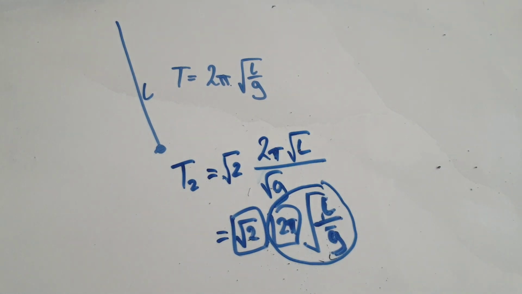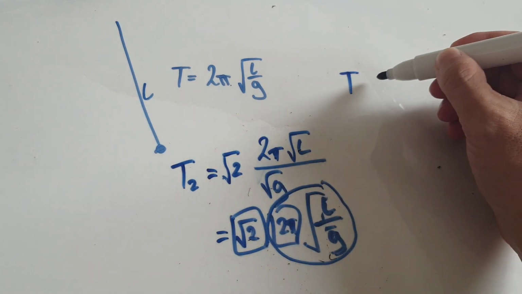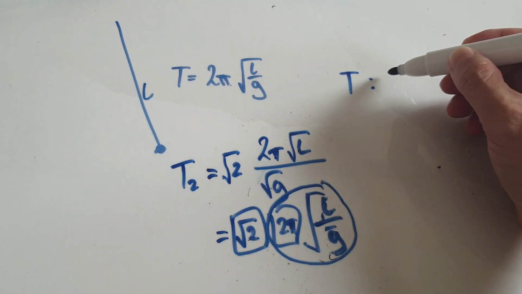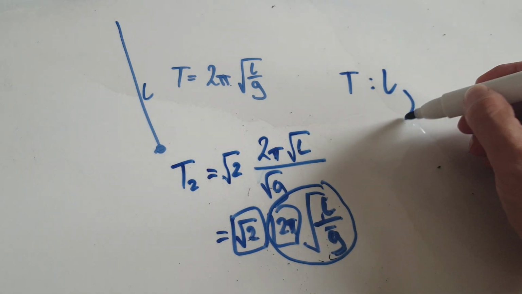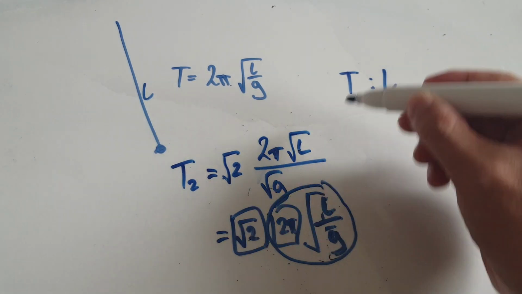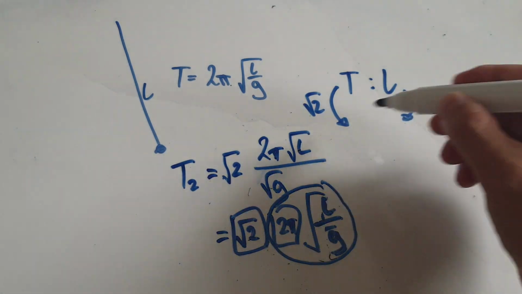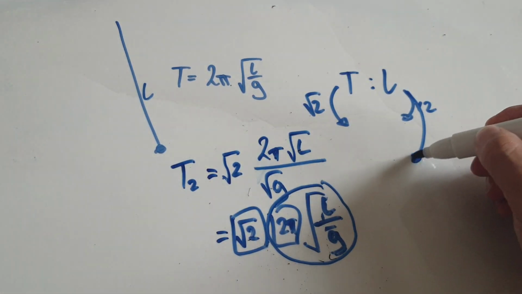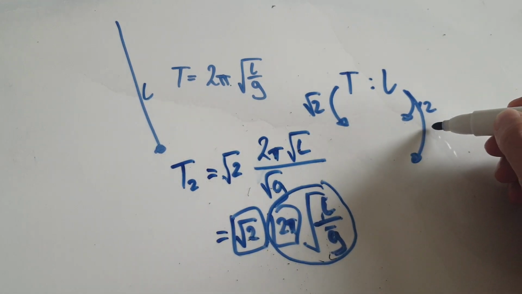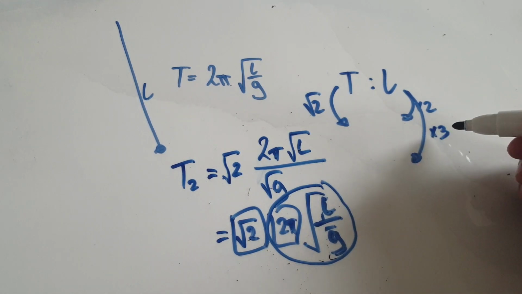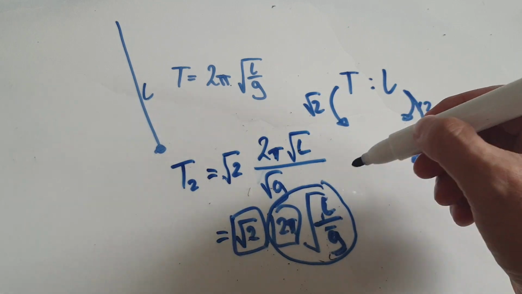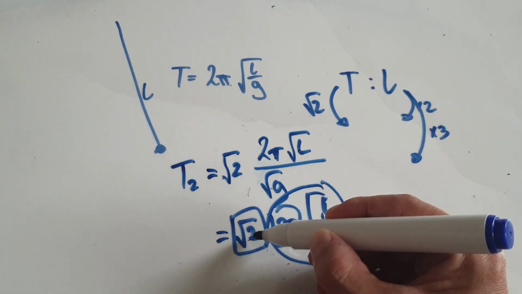What that means is, for the time it takes to do one swing and the length of the string, if I double the length of the string, the time will increase by root 2. If I use the same process, if I increase the length by 3 times as much, if I times this by 3, using the same algebra manipulation, the root 3 will be here.